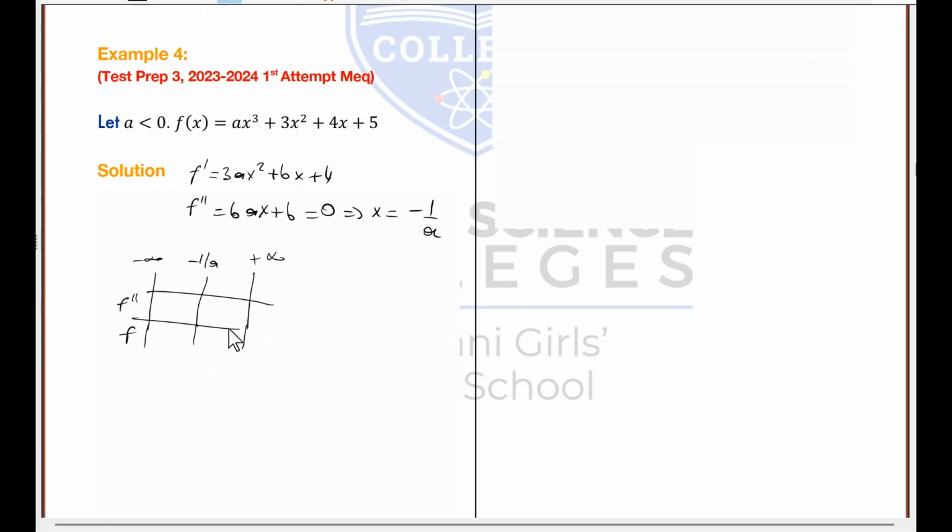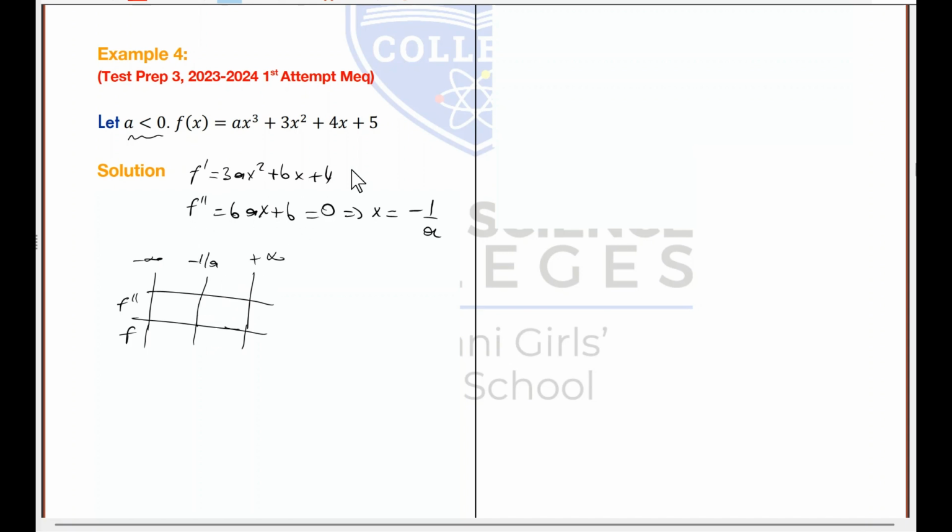Now, how am I going to pick a number more than and less than negative 1 over a? I can pick a number less than and more than negative 1 over a, because I know that a is negative. I can pick any number, but it takes time, so I can just use another idea.